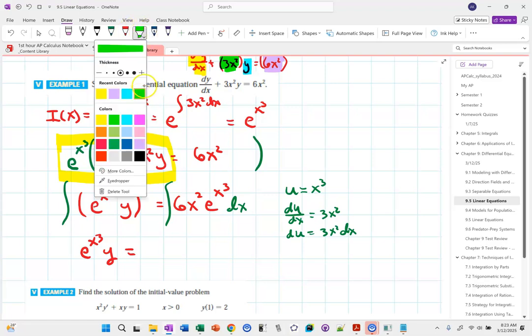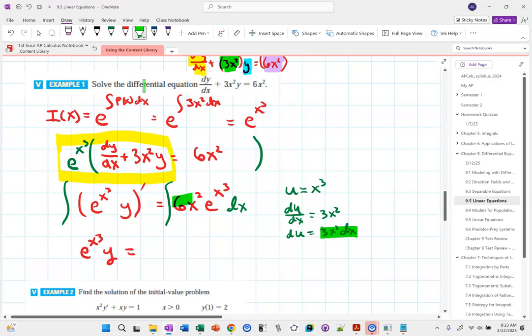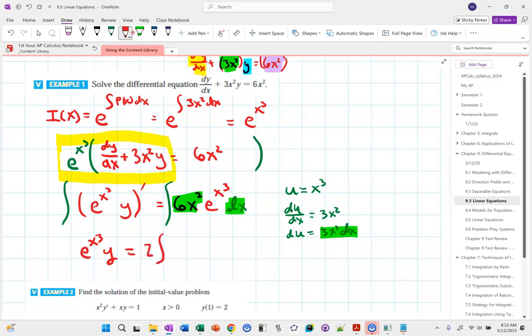And hopefully what you notice is that 6x squared is just 2 times 3x squared. So I can do that.